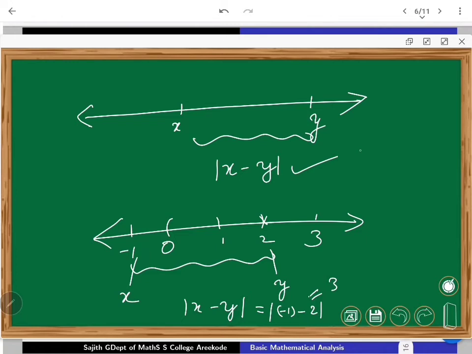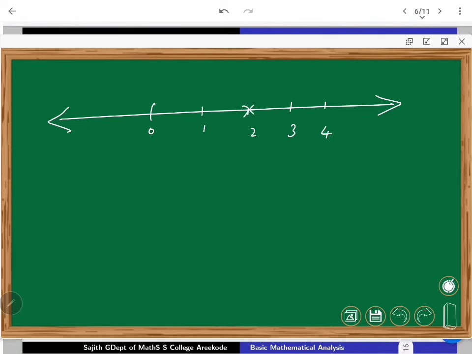So use this notion to define the neighborhood concept. That is what you are trying to look at now. So how to give that notion? The whole idea is something like this. Suppose I'm looking at the real numbers. I'll just mark 1, 2, 3, 4 here. Now concentrate on 2, the point 2.